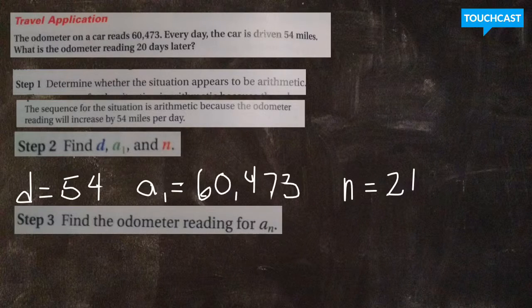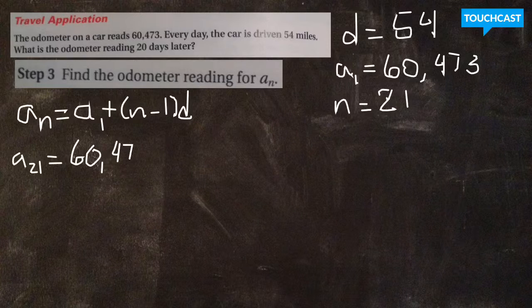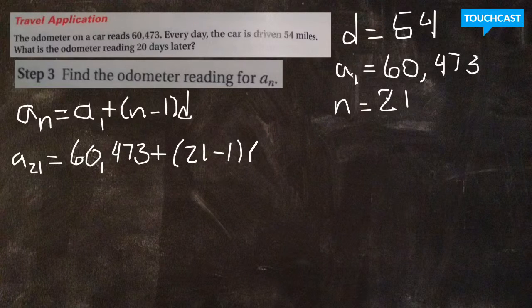So step 3 is to find the odometer reading for a sub n. So let's do that. Again, we're going to use the formula a sub n equals the first term plus n minus 1 times the common difference. So we are looking for a sub 21 is equal to 60,473 plus 21 minus 1 times 54.